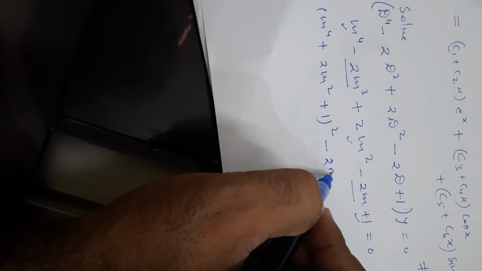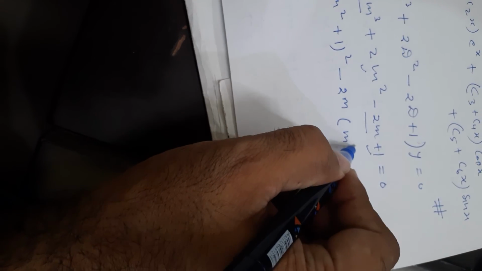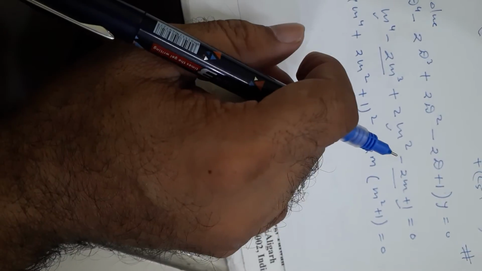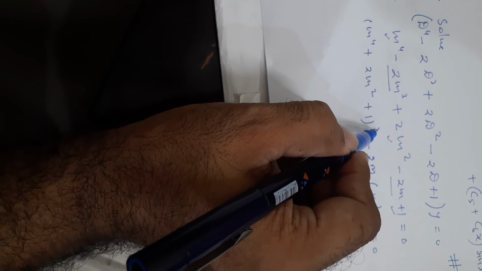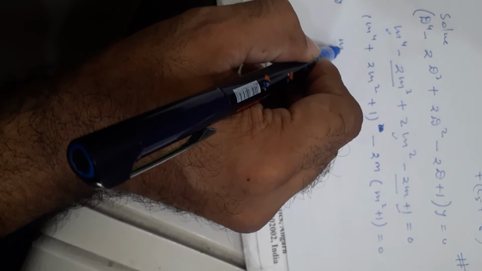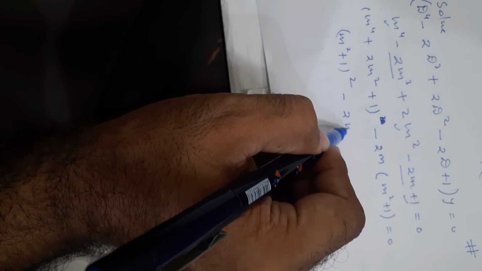So we take −2m common from these two terms, which leaves (m² + 1). Clear? So this is (m² + 1)² − 2m(m² + 1) = 0.